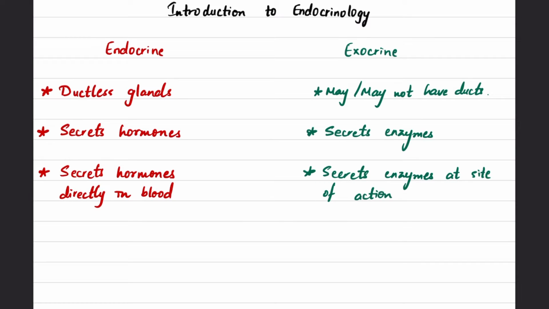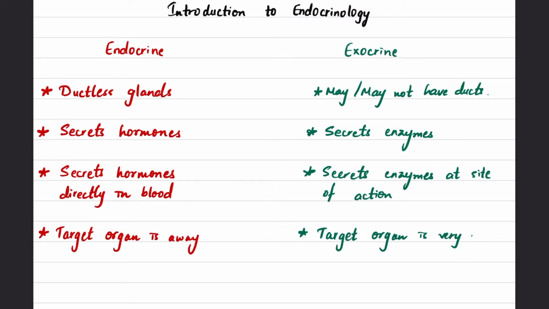The target organ is away from the gland in endocrine glands, whereas in exocrine glands, the target organ is very close to the gland. In endocrine glands, the response is very late as compared to exocrine glands, whereas in exocrine glands, the response is rapid.